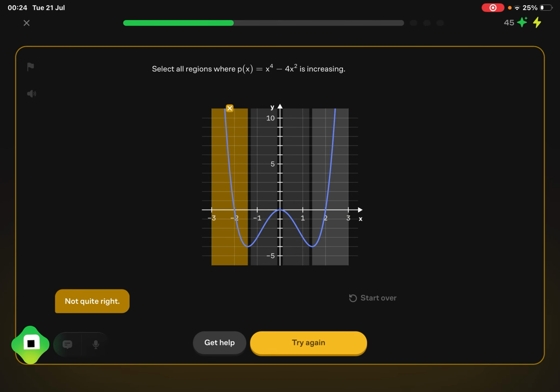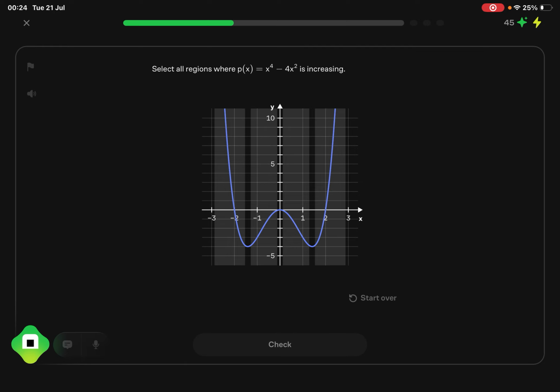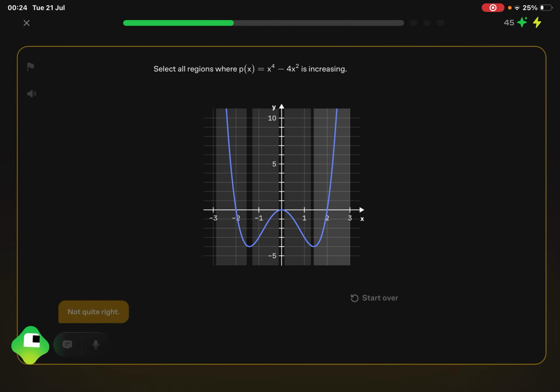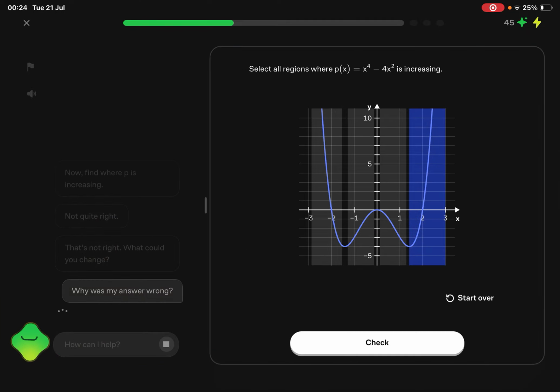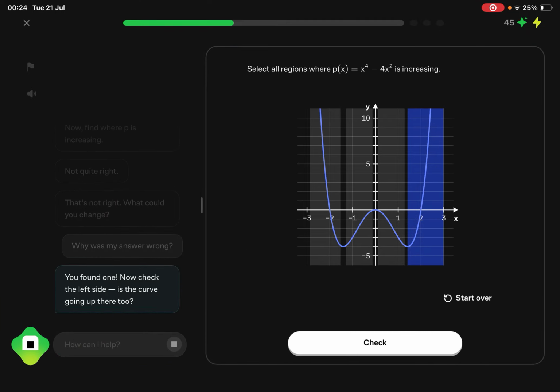Not quite right. That's not right. What could you change? You found one. Now check the left side. Is the curve going up there too?